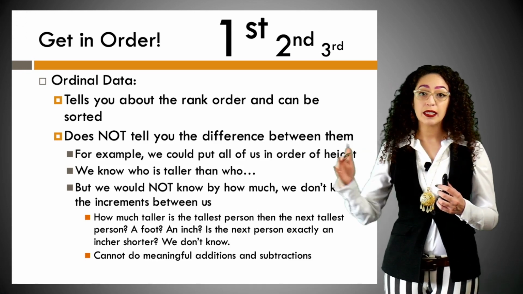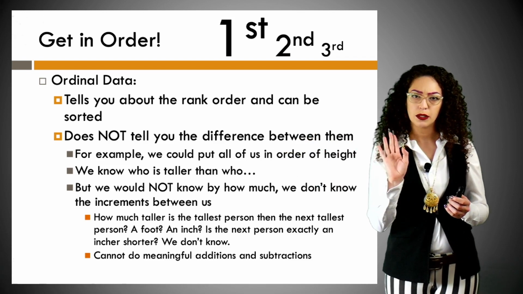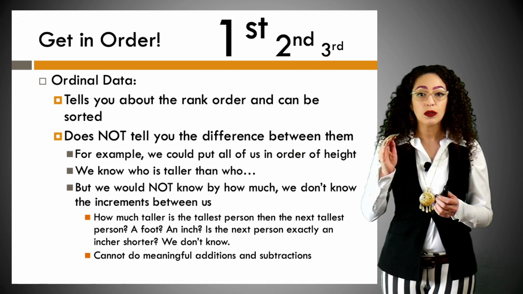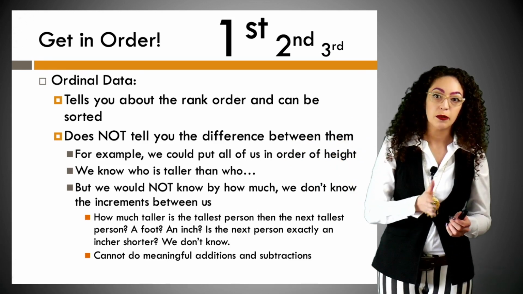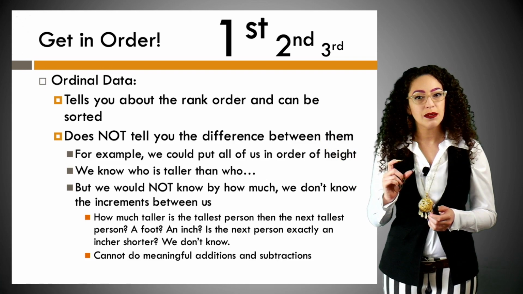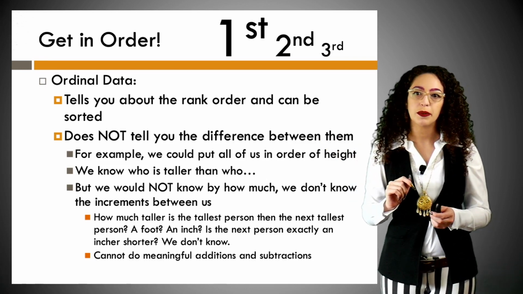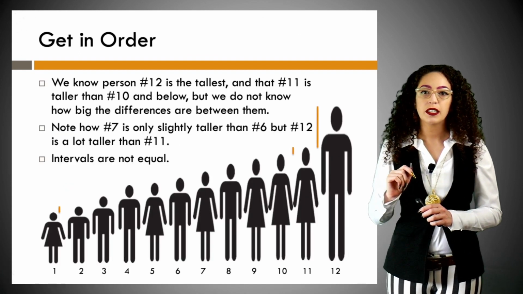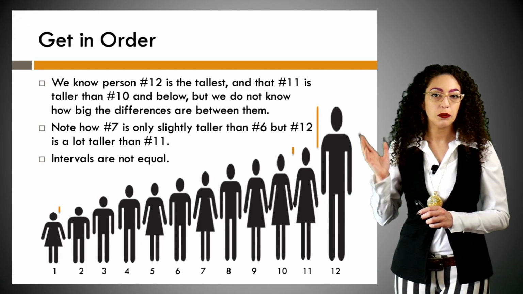So for example, I could put everybody lined up by height in this class, 6 feet apart for social distancing, and we know that the tallest person is taller than everybody else, the second tallest person is taller than everybody below them, etc. But we don't know how much of a difference in height there is between all the people. So if we look here, let's say that our first person is 6'7", something really, really tall.